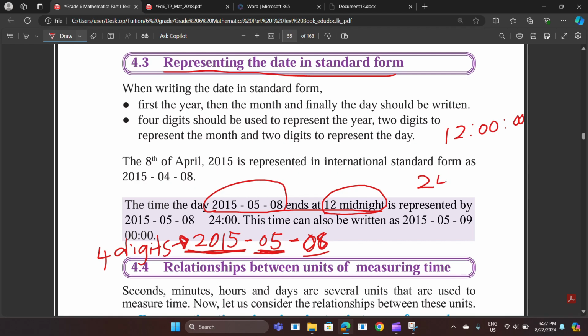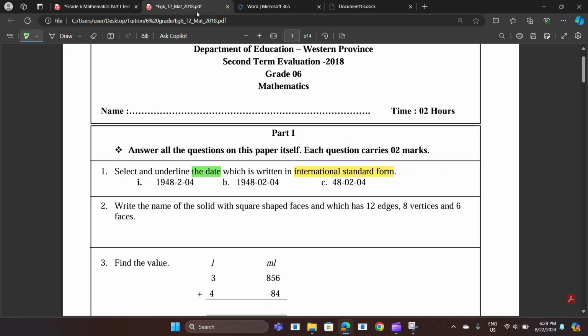Midnight is representing as 24:00, or we can also represent it as 00:00. Okay, these two are correct. This one also correct and this one also correct. Okay, it is how we representing date in standard form. Okay, let's move to the question.